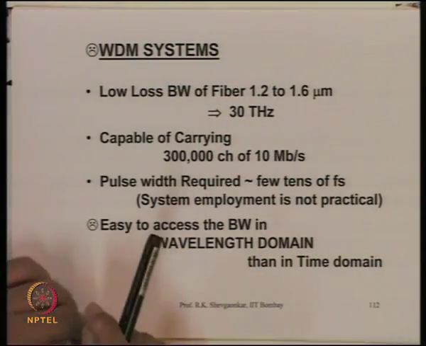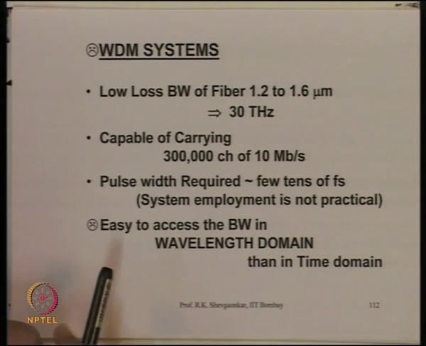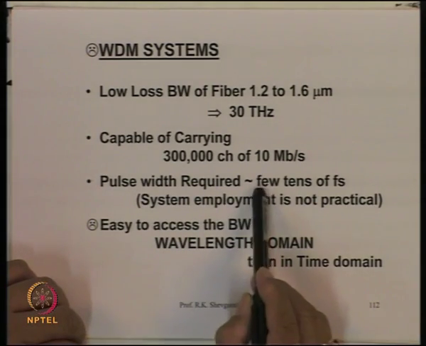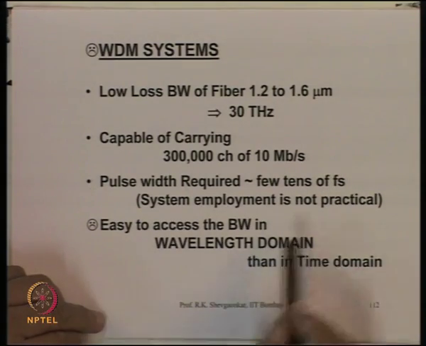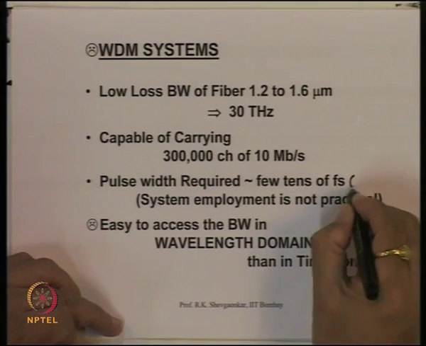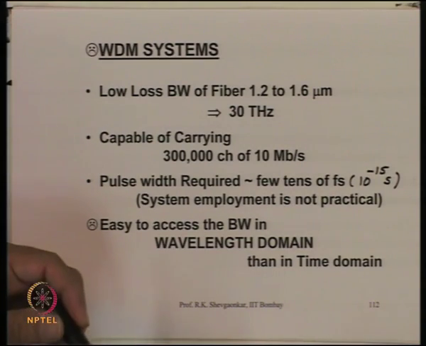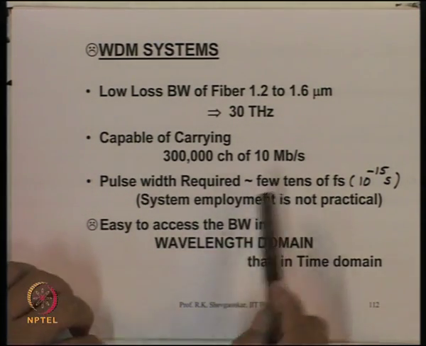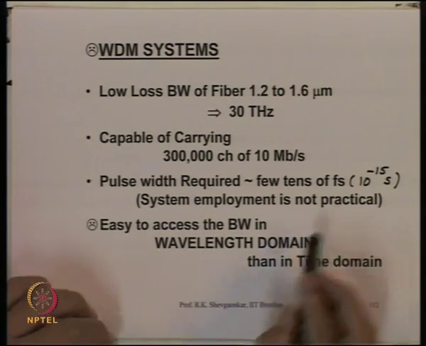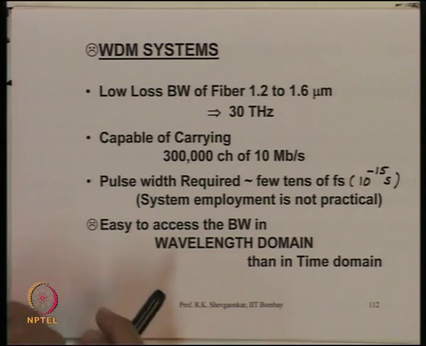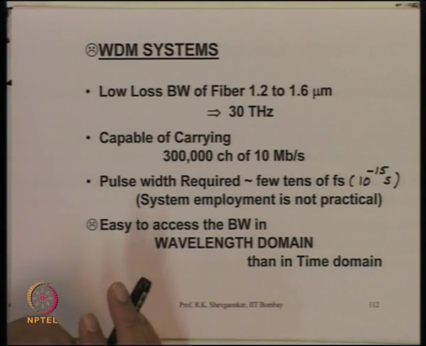But in that case, I would have to generate pulses of a duration typically the inverse of this quantity. So, if I have a 30 terahertz bandwidth utilization, then we require a pulse width which will typically be a few tenths of a femtosecond. Femto is 10 to the power minus 15. So, 10 to the power minus 15 second is an extremely narrow pulse generation, and especially with semiconductor amplifiers, it will be extremely difficult to generate pulses of duration 10 to the power minus 15 seconds.